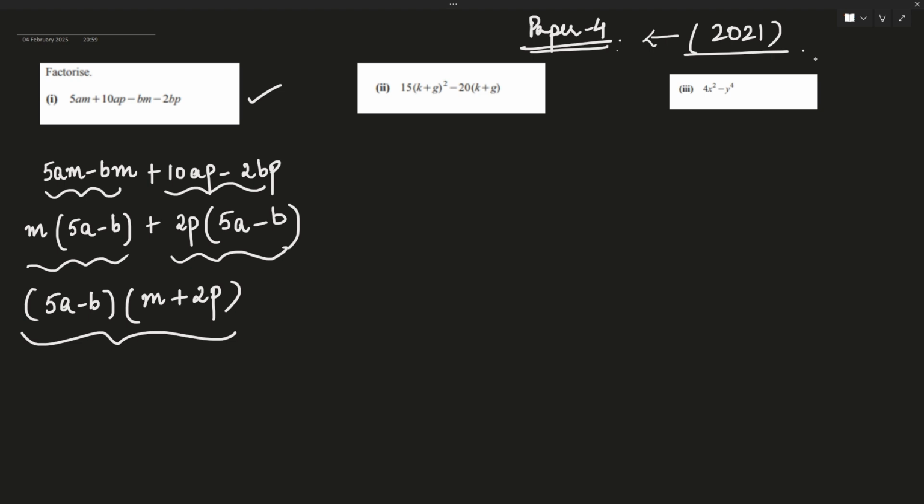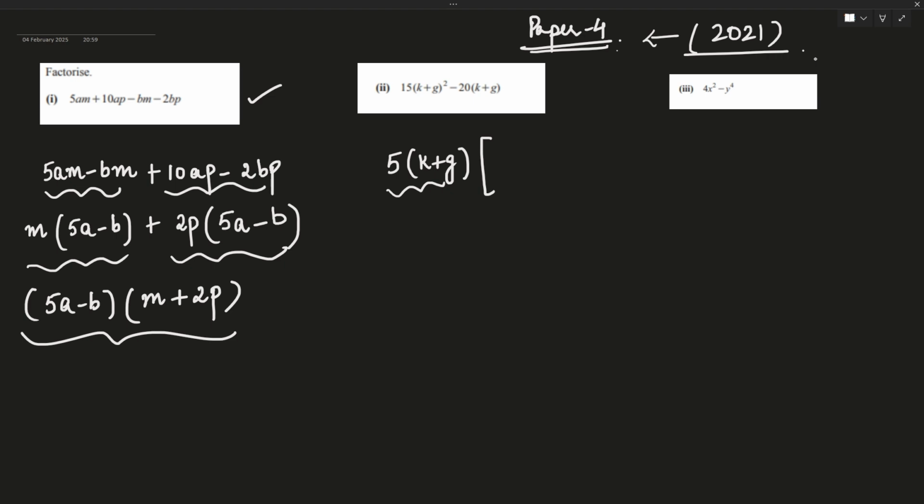Now let us look at the numbers. The numbers are 15 and 20. 15 and 20 are multiples of 5, so we can take 5 also as common. So we'll take 5 and k plus g as common. Now what will be left inside? What should we multiply 5 into (k plus g) by to get 15 into (k plus g) whole square?